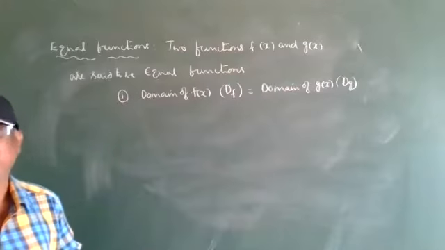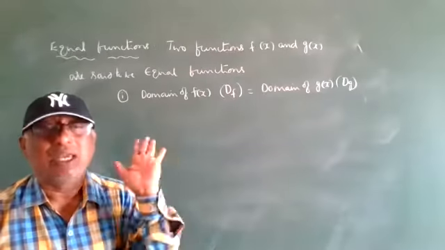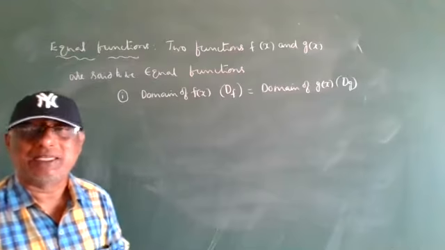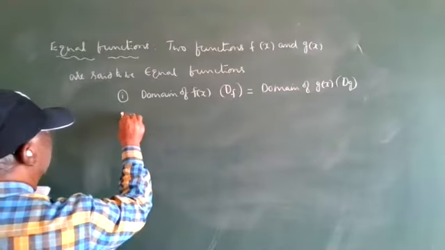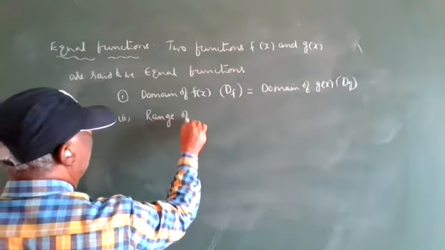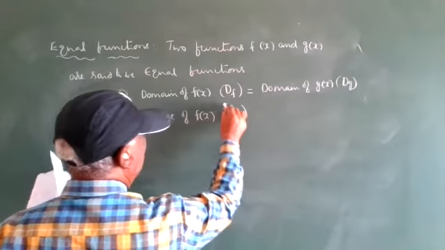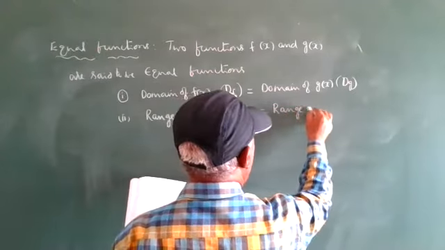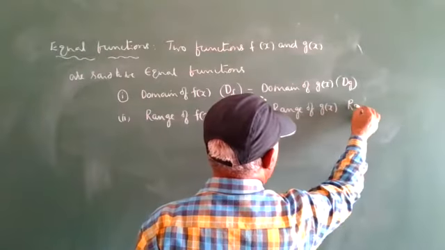Domain means the first set of f and the first set of g, both are equal, then the first condition is satisfied. The second condition is range only, not codomain. Range of f of x, represented by R of f, is equal to range of g of x, represented by R of g.